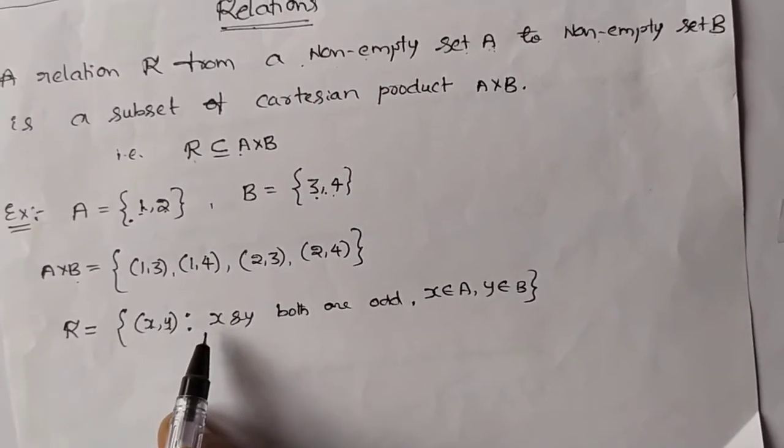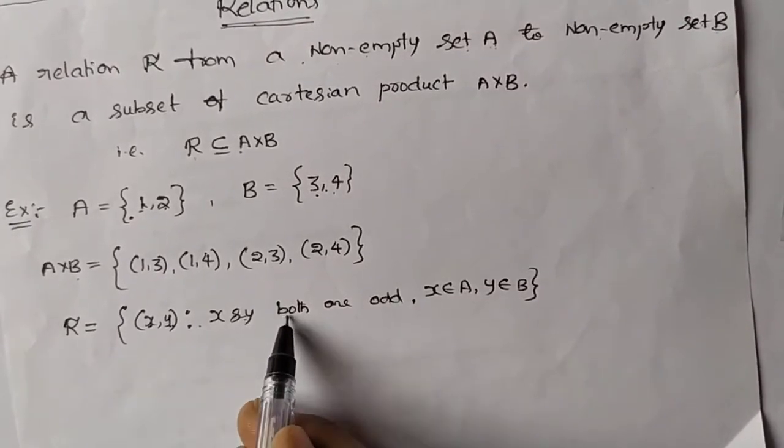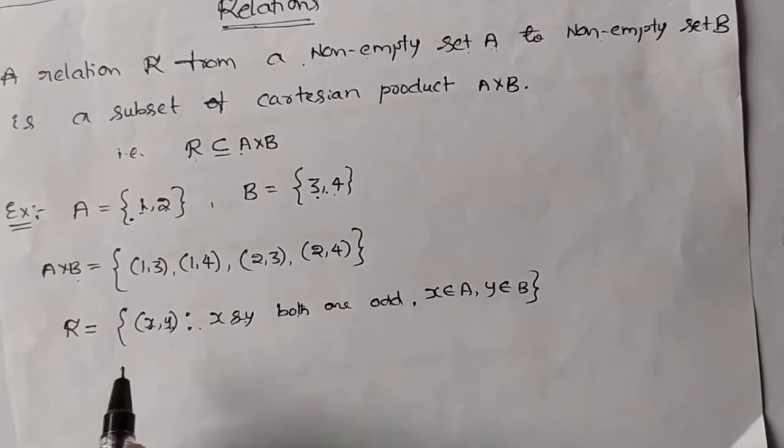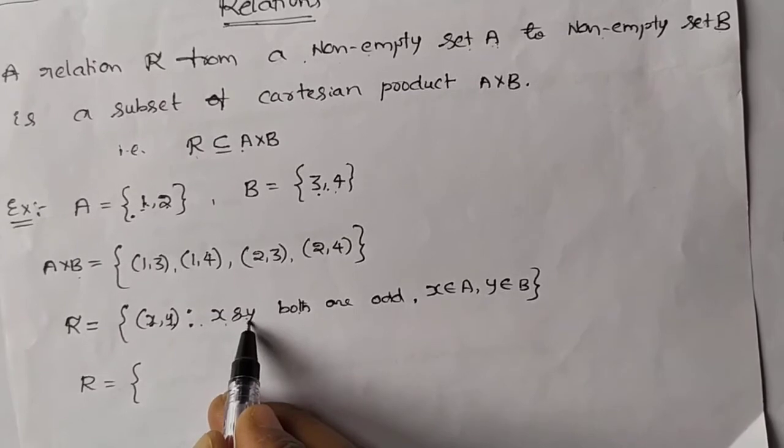I just defined this relation: ordered pair (x, y) such that x and y both are odd, x belongs to A, y belongs to B.